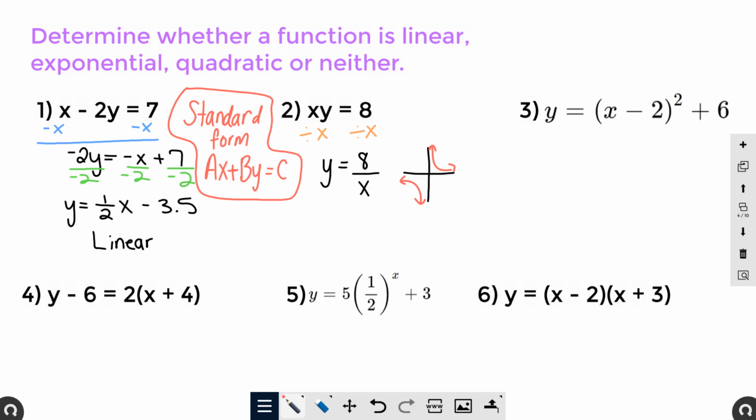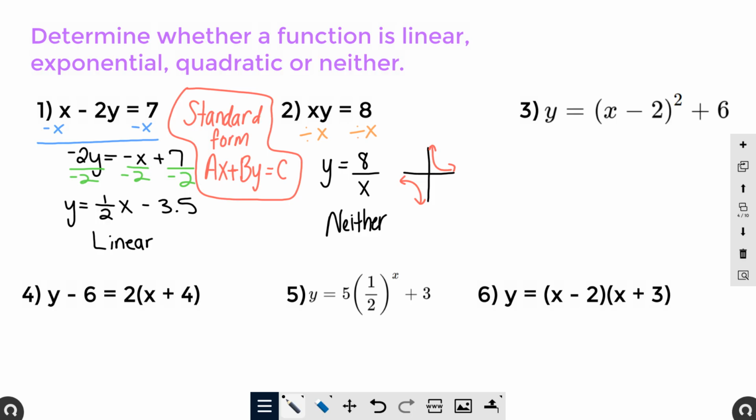Is that one of the 3 that we talked about? Does that look quadratic, exponential, or linear? Nope. So this one is neither. If x is in the denominator, say neither. Zoom 6. There you go. You're welcome.